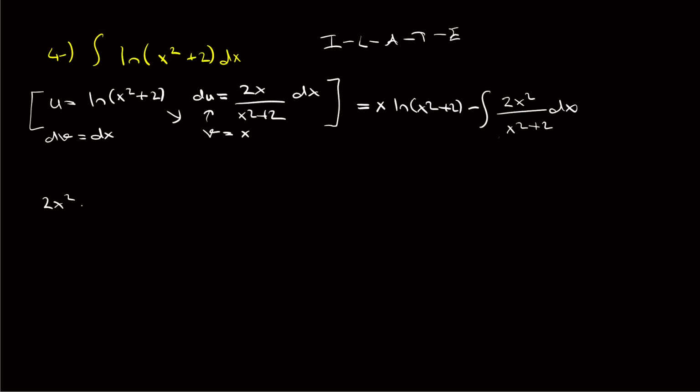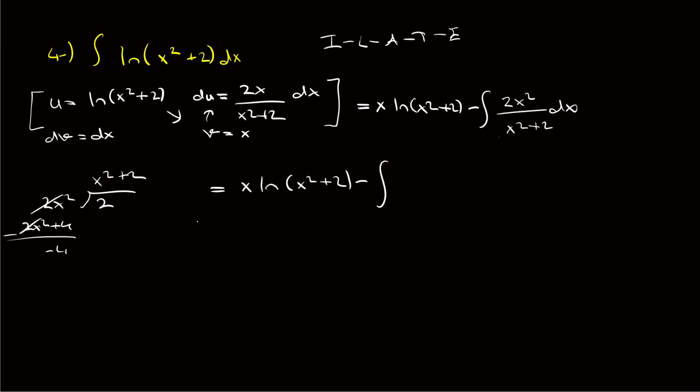So 2x squared divided by x squared plus 2, I have it 2 times, minus 4 over x squared plus 2, so I can write this integration as x ln of x squared plus 2 minus integral of 2 minus 4 over x squared plus 2 dx.